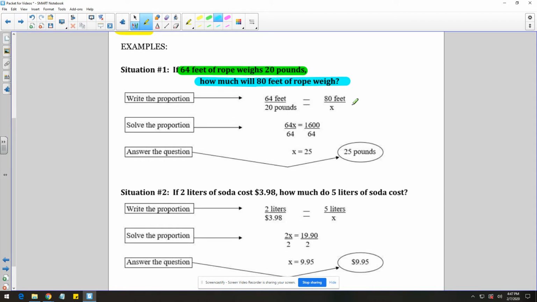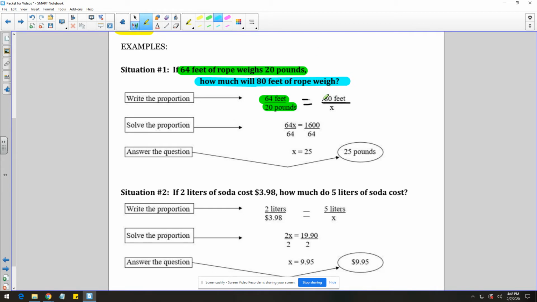So these are going to then be set up in a proportion. So this first situation happens right here. And whatever we had listed first goes on the top, and whatever we have listed second goes on the bottom, although it really doesn't matter as long as you have things lined up. When I put my second situation over here, first I would set up with my equal sign and my other division bar, and then I know that the information I'm given in the problem is the 80 feet.